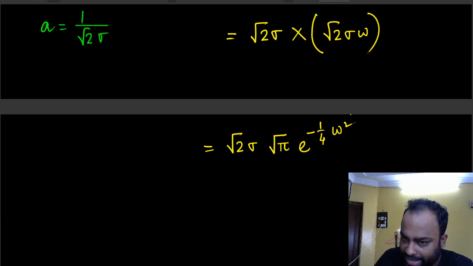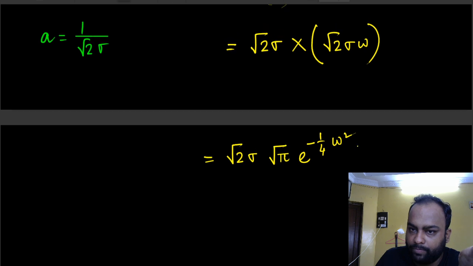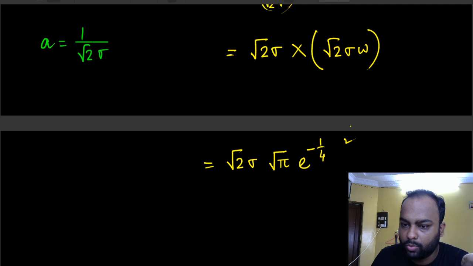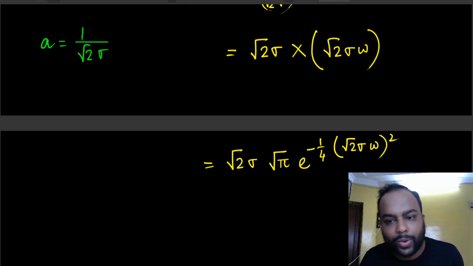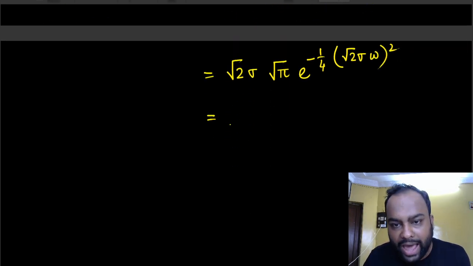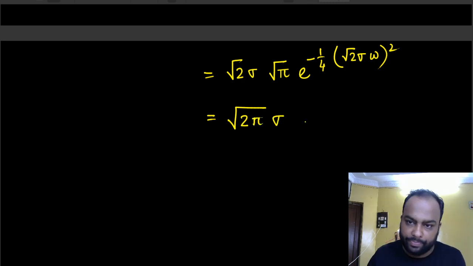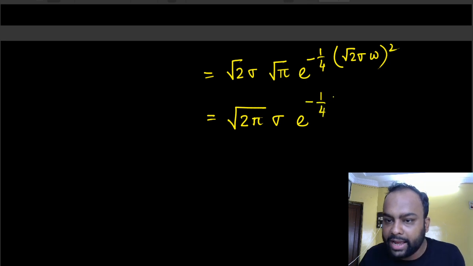Now I have X of root 2 sigma omega, so I have to multiply omega with root 2 sigma, so I would have root 2 sigma omega whole square. So I would have root 2 pi sigma e to the power minus 1 by 4, and here I have 2 sigma square omega square.